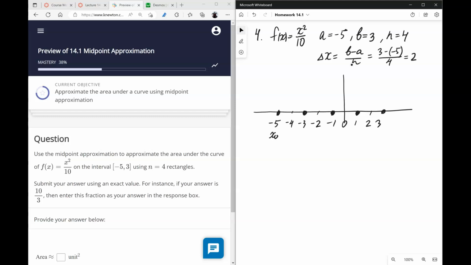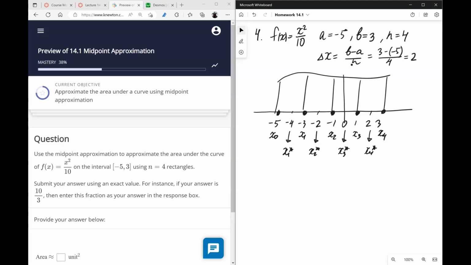So this is going to be my x0, this is going to be my x1, x2, x3, and x4, but these are my midpoints right here. All right, so this is going to be my first midpoint, my second midpoint, my third midpoint, and my fourth midpoint. So whatever the graph is, I'm going to be approximating the area underneath the graph using these rectangles.